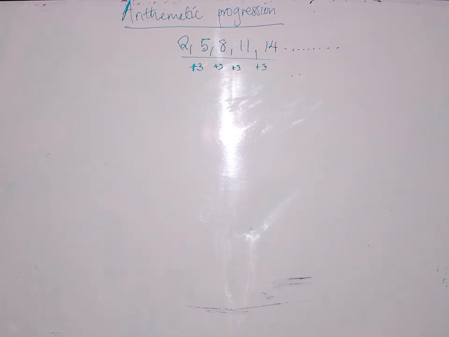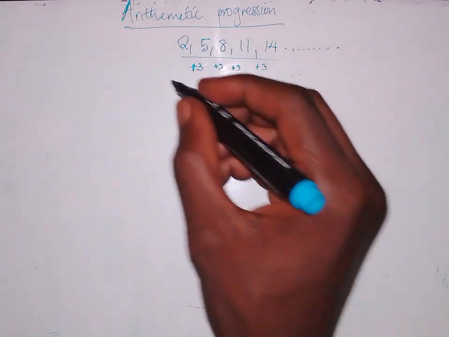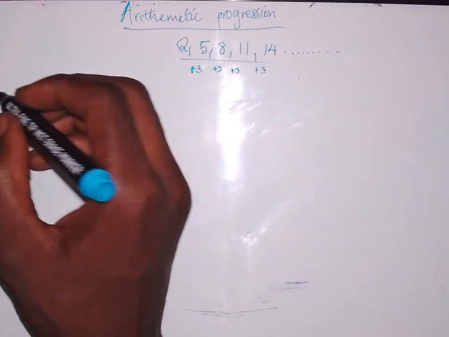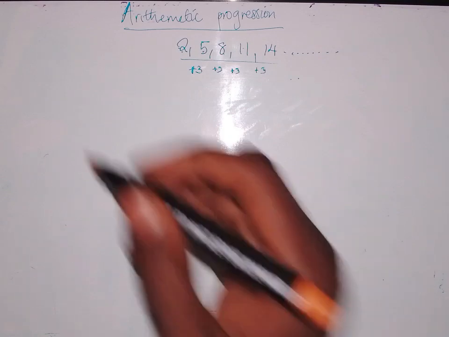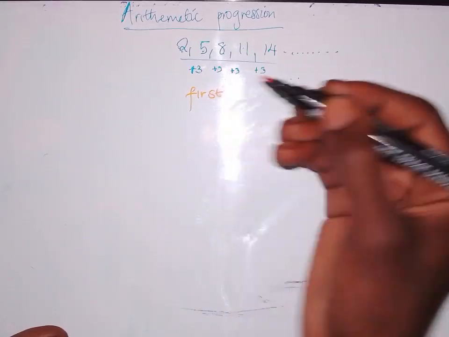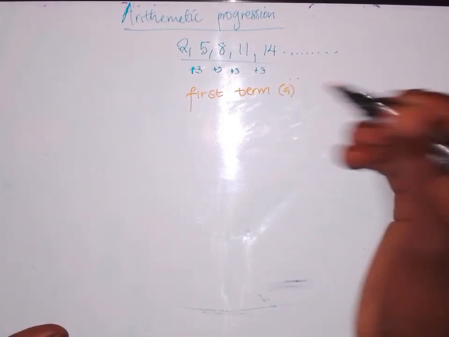Now you have to understand some terms which you come across. The first term which you come across is known as the first term, which is represented by a.